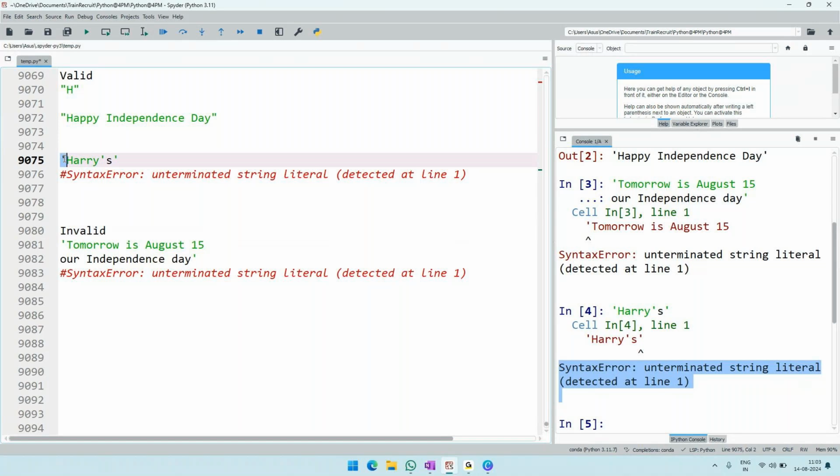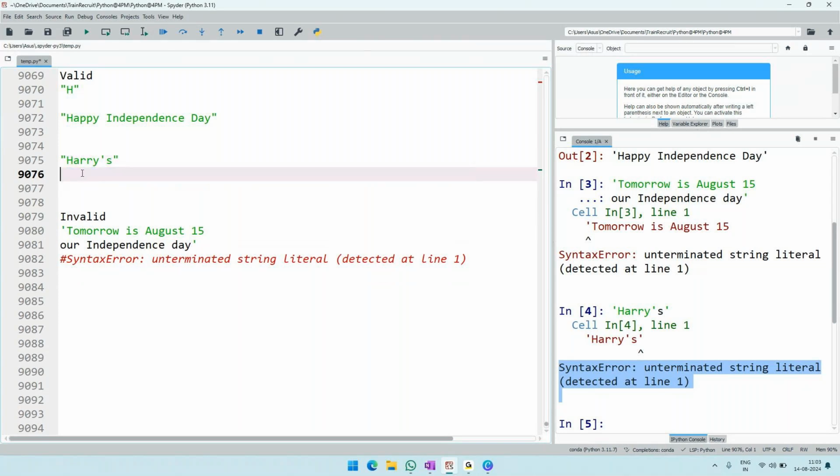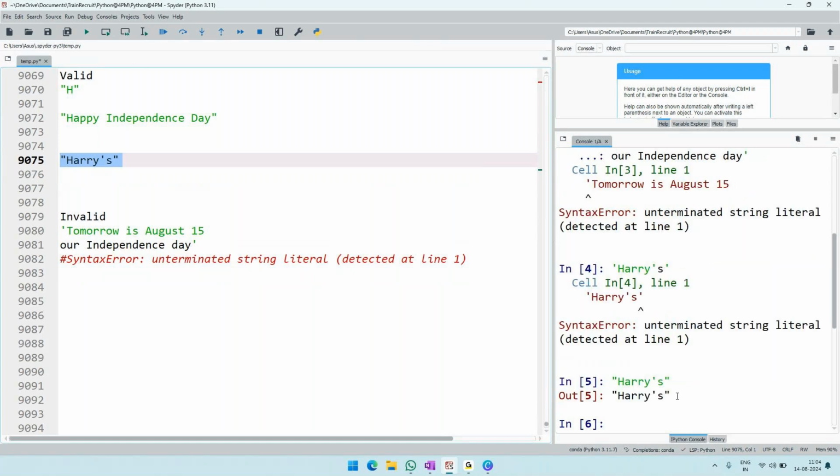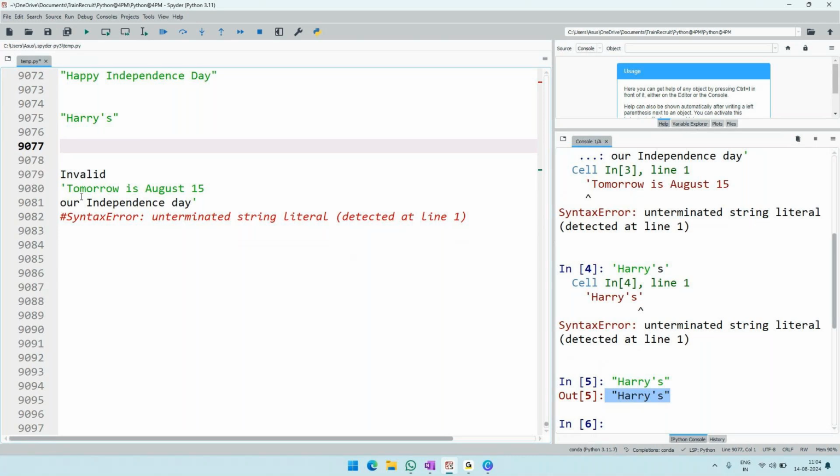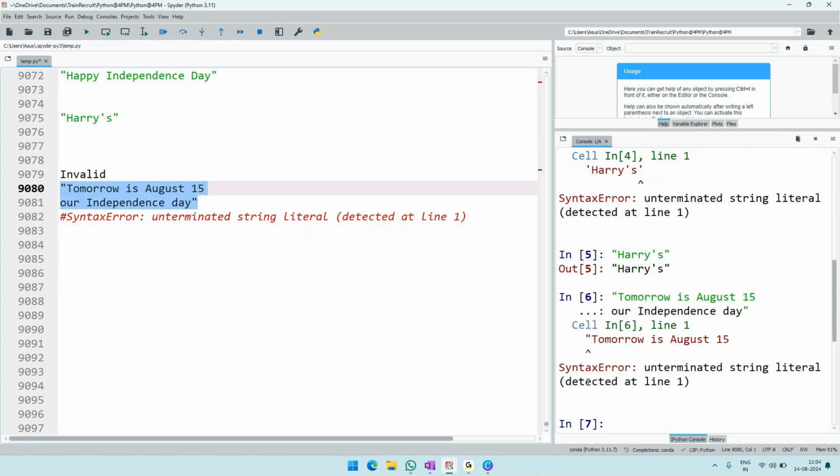If you run this, you will not get any error. Now if you give double quotes here and end with double quotes here, then if you run this, it is not valid. And one more invalid case is.